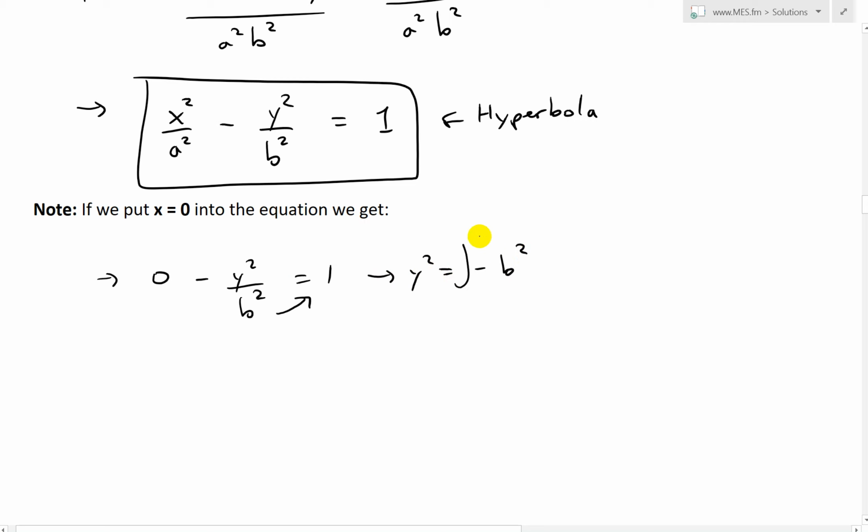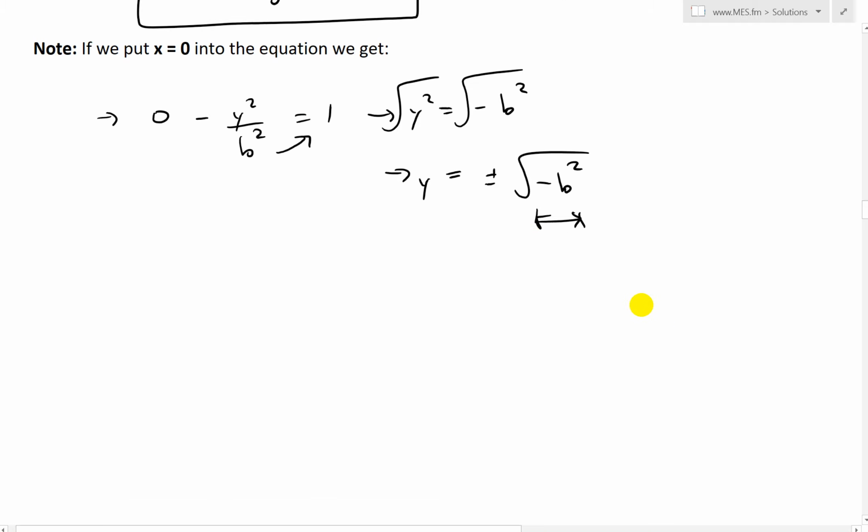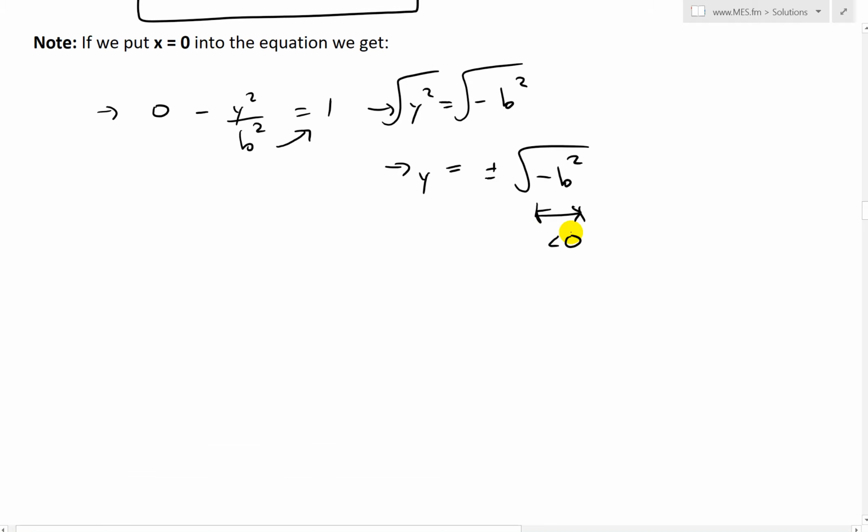And when we square root both sides, we get y equals plus or minus the square root of negative b squared. But this can't be less than 0, so this is always going to be negative unless b itself is 0, but I'm not sure if it can be. So anyways, this is less than 0, so it's undefined.